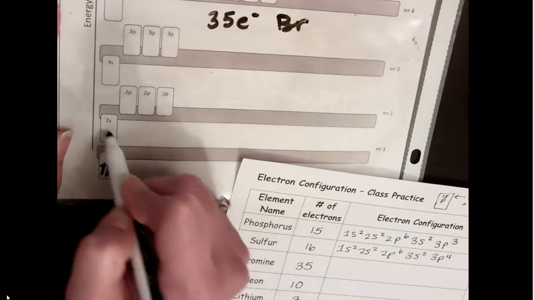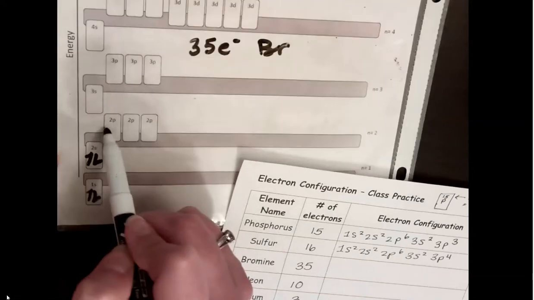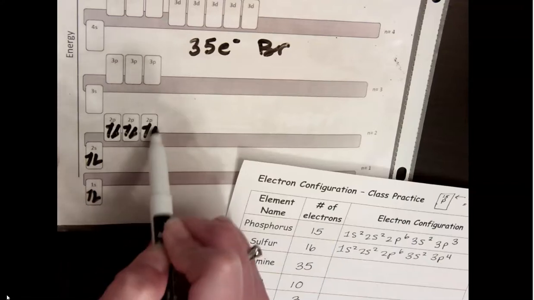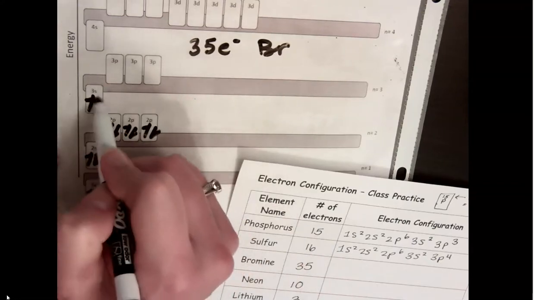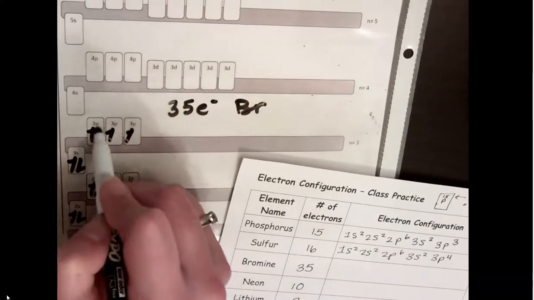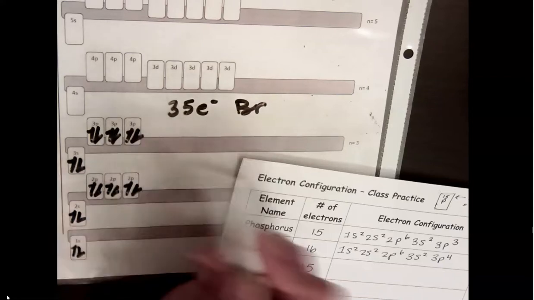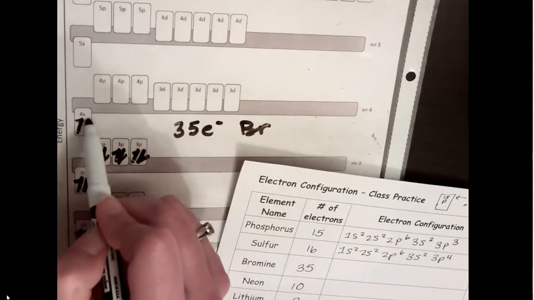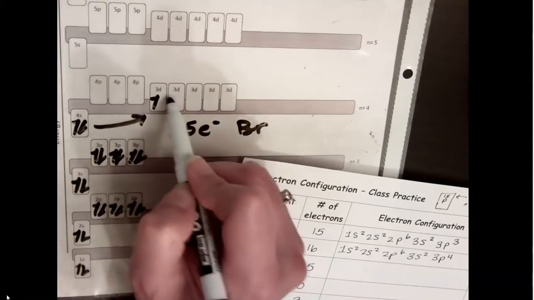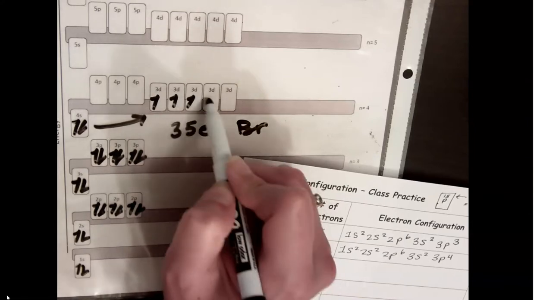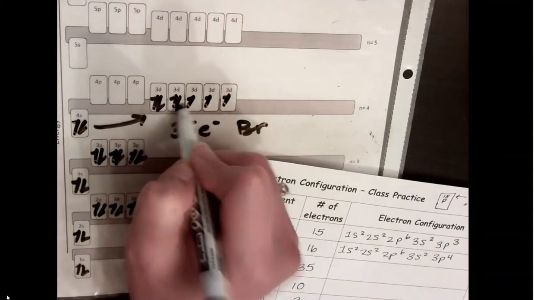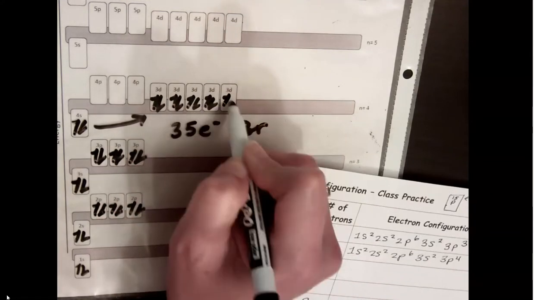1, 2, 3, 4, 5, 6, 7, 8, 9, 10, 11, 12, 13, 14, 15, 16, 17, 18, 19, 20, careful, 21, 22, 23, 24, 25, 26, 27, 28, 29, 30.